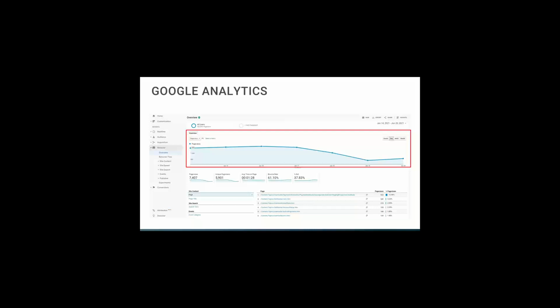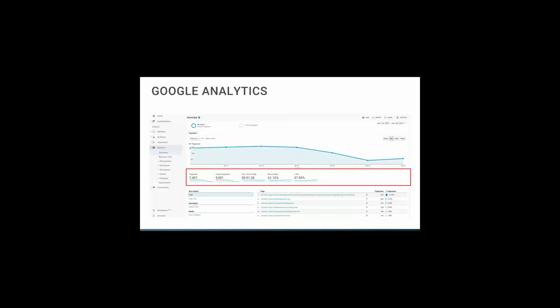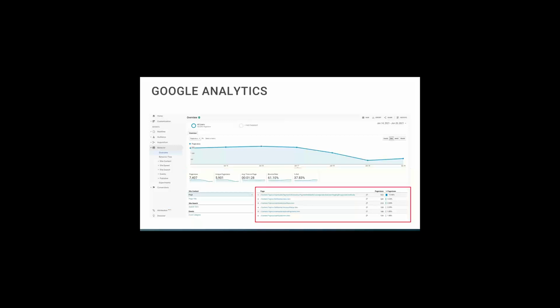You can filter this for months at a time or daily stats or weekly stats, whatever you like. You can also look at information like unique page views, how long someone spends on one of your documentation pages. And you can also look at the pages that are being viewed. So it lets you know which are the most commonly viewed.